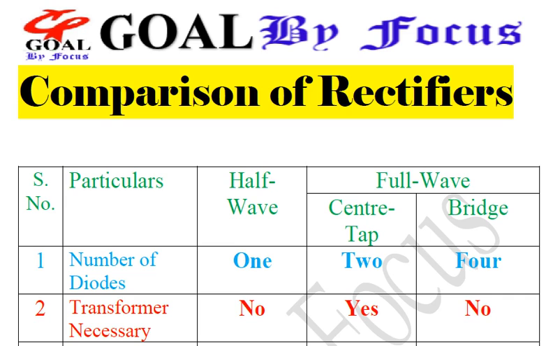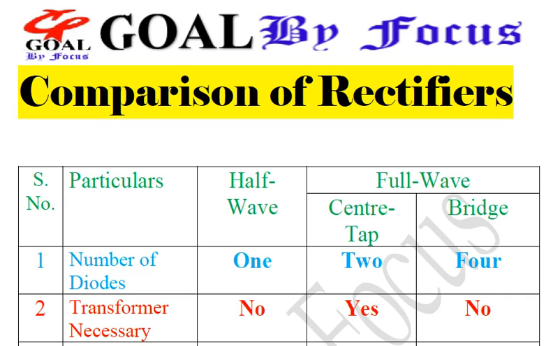Now come to the point, friends. You can see there are 5 columns. In the first column serial number, second column particulars, third column half wave rectifier, and fourth and fifth columns full wave rectifier, but in the fourth column center tap rectifier and fifth column bridge type rectifier.